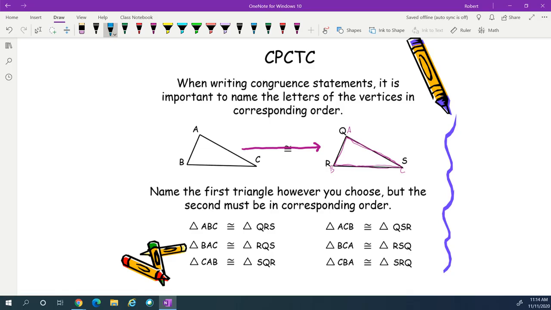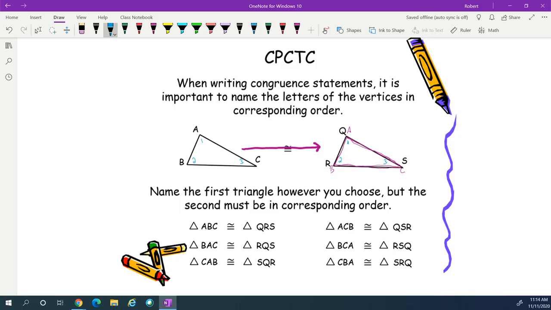I'm going to say A is 1, B is 2, and C is the third corner. Those are our 3 vertices. And I'm going to match that in the second one. Since A lines up with Q, I'm going to call that corner 1. B lines up with R. I'm going to call that corner 2. And C will correspond with S. So I'm going to call that corner 3.